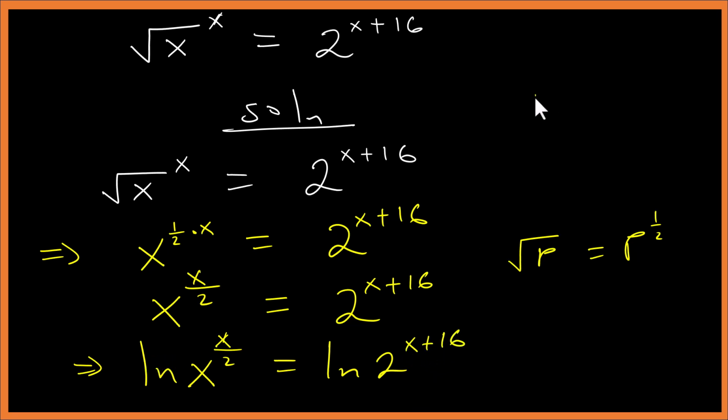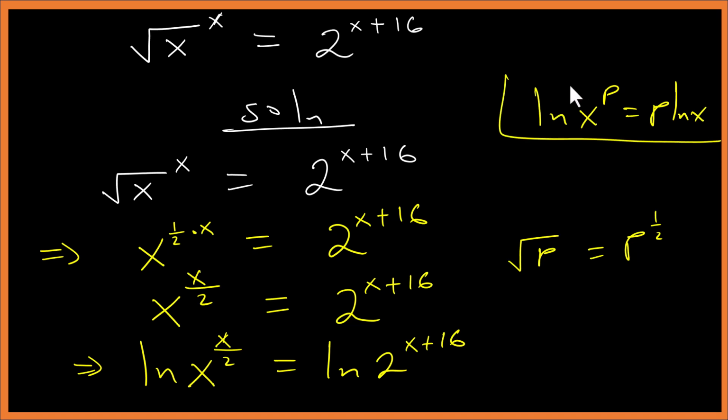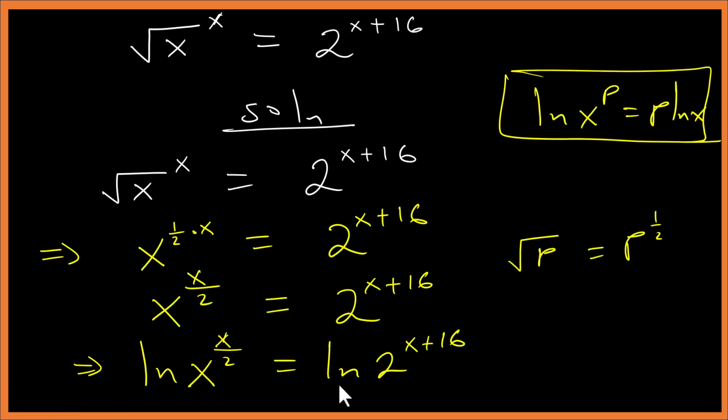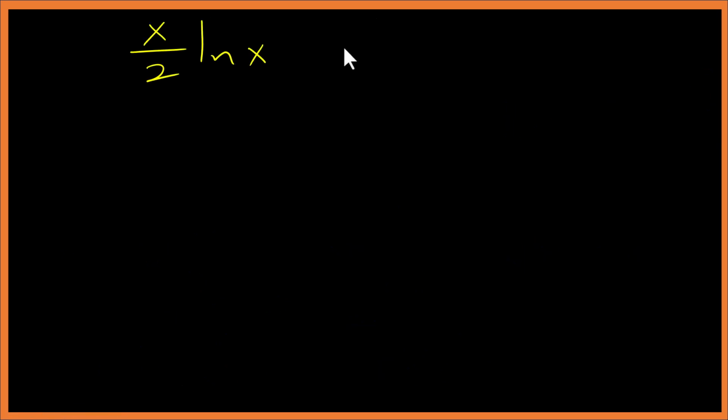Now when we're given ln of x raised to p, it is the same as p ln of x. Very powerful. This one is the power rule. So we have x on 2 ln of x, and this side will be x plus 16 ln of 2.